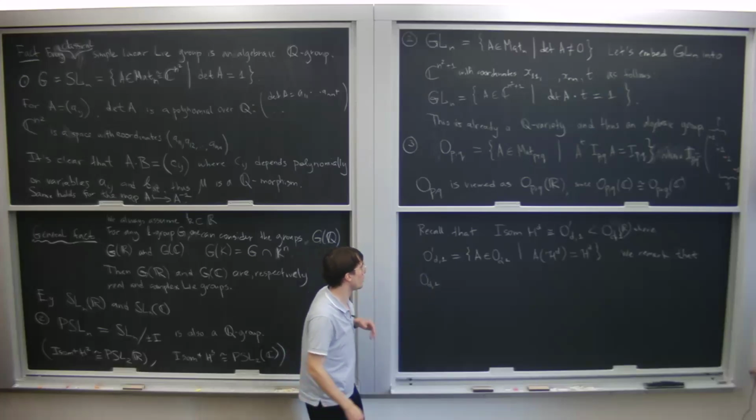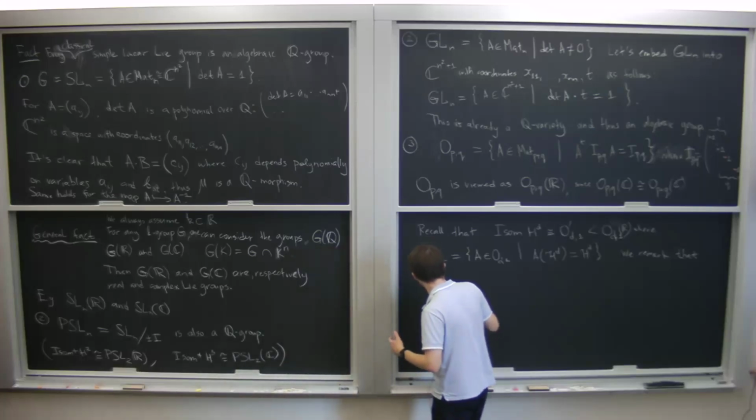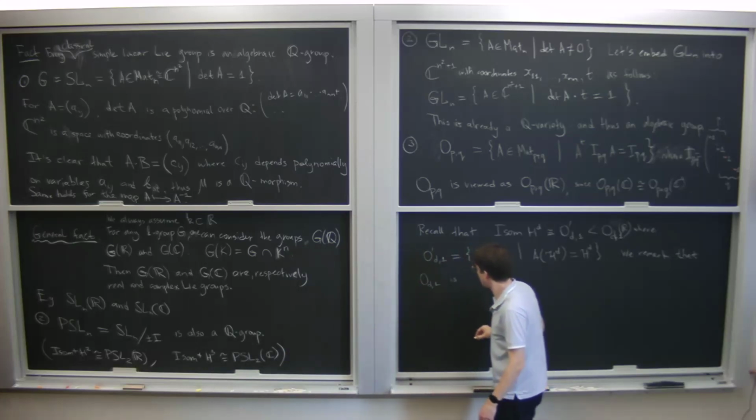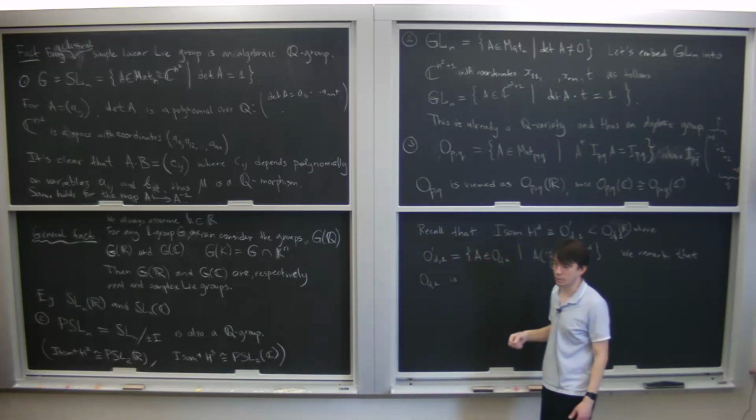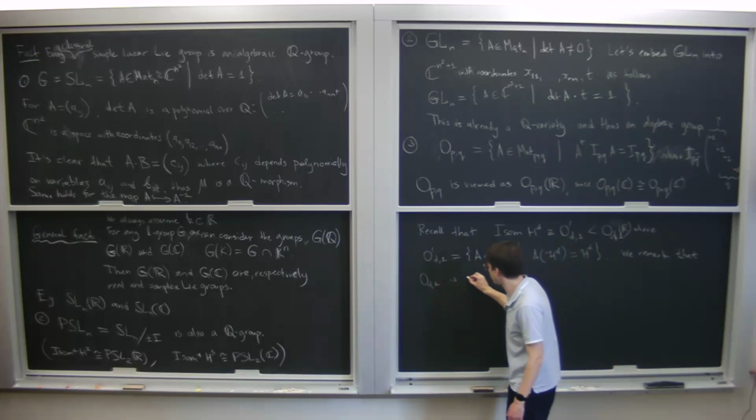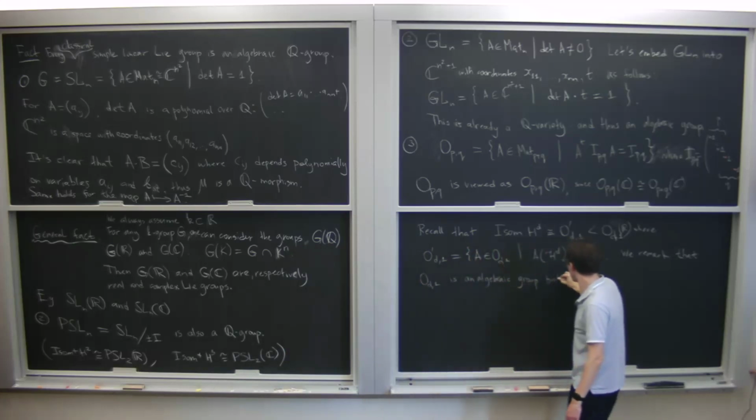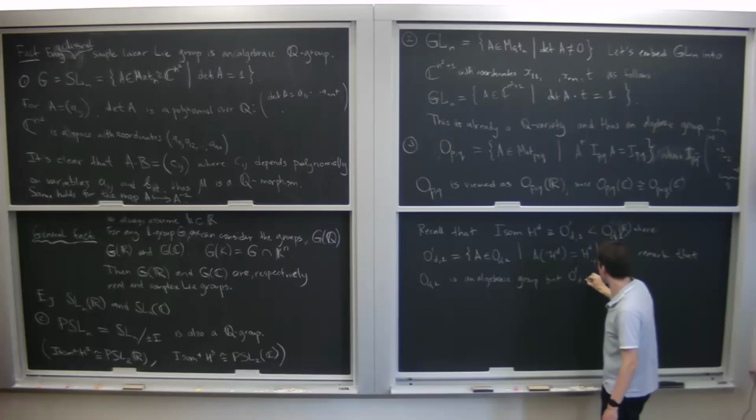So here now I remark that O(D,1) is a real algebraic group, and in fact, a rational algebraic group. So it is an algebraic group. But O'(D,1) is not.